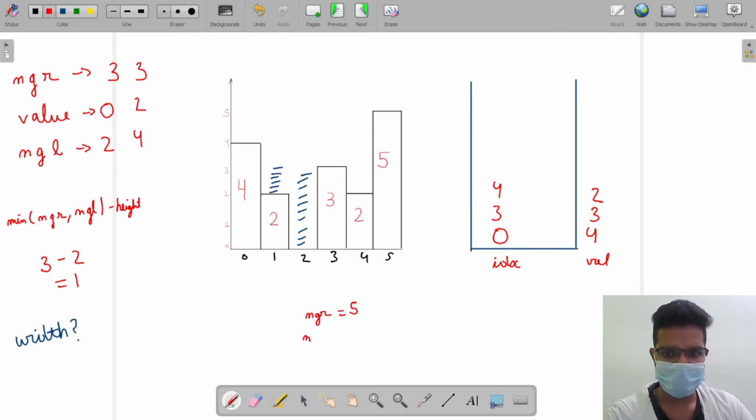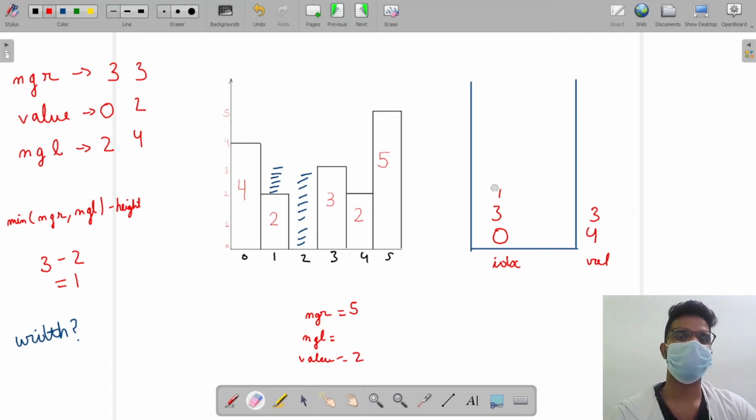Next greater left, I don't know yet, and my value is 2. I'm going to pop this, and now the top element of my stack is my next greater left, that is 3. And now I calculate the amount of water I can store here. So minimum of these minus my value, that is 3 minus 2, is equal to 1. So here I can store 1 unit of water.